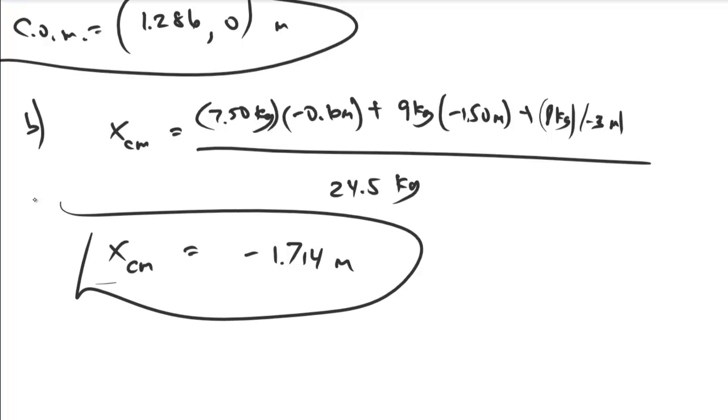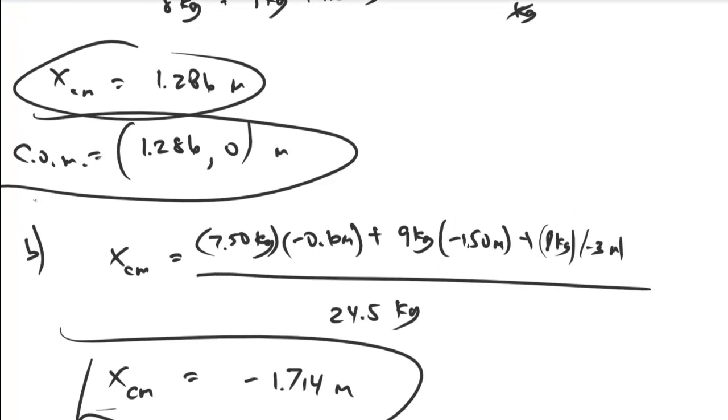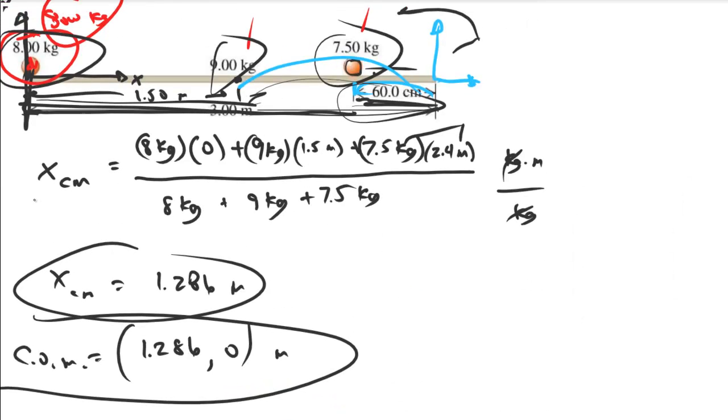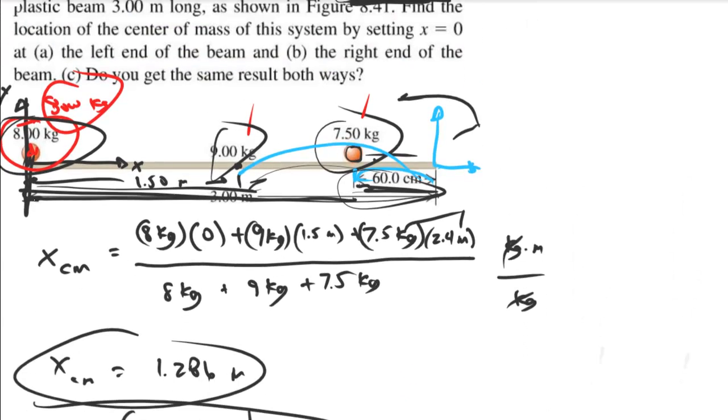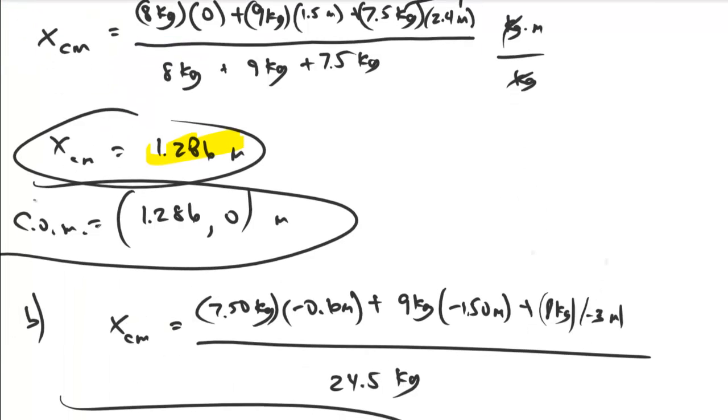And then for part C, it asks us, is this the same? Do you get the same result both ways? So in part B, negative 1.714. Part A, it's 1.286. Is this the same? They're not the same numbers, but it is actually the same location.